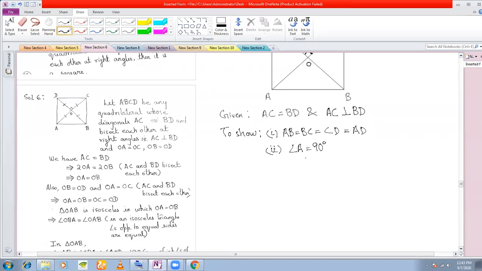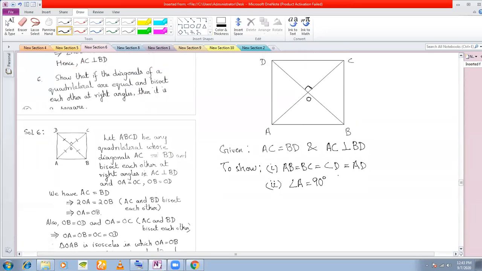If I can show that, then I can say it is a square. We shall proceed with this idea.